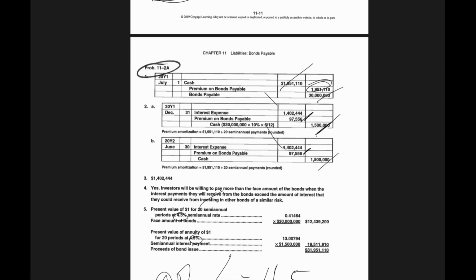And we take this 30 million, that's the face, times that factor, that present value of a lump sum, it's 12 million. Now we take the 1.5 million, which again is based on our 10%, what's on our face, and we take that times the 20 periods at the market rate of 4.5, and we get that factor.